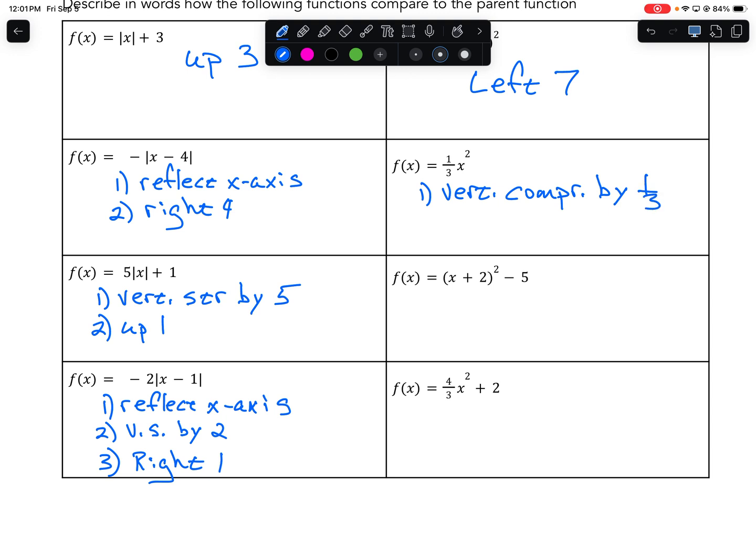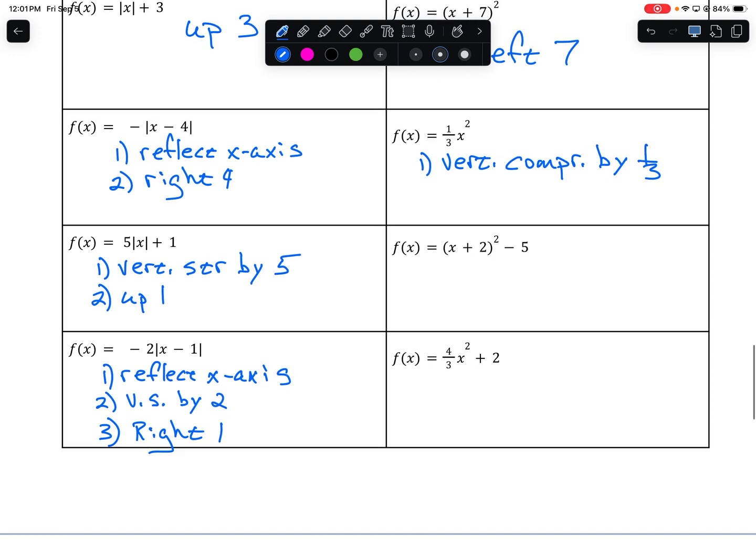All right, +2 does what? Left or right? Left. Left 2. -5. Down 5. Okay, the 4/3. Is 4/3 bigger than 1?